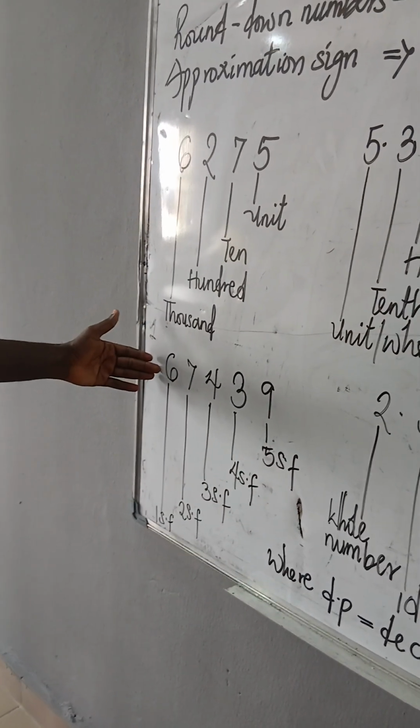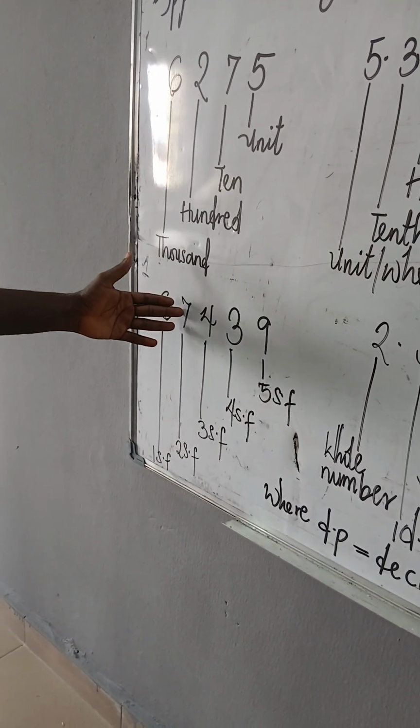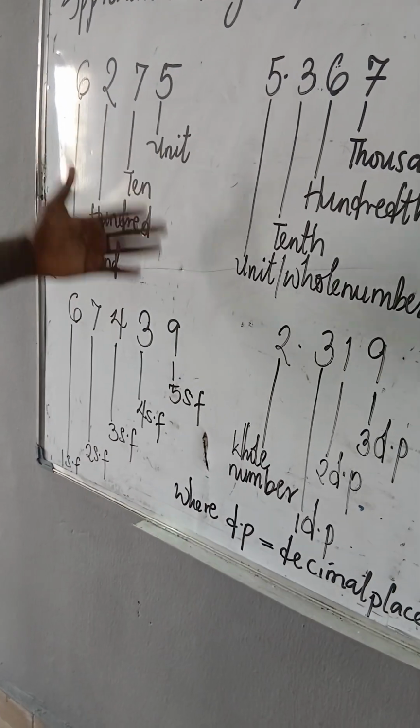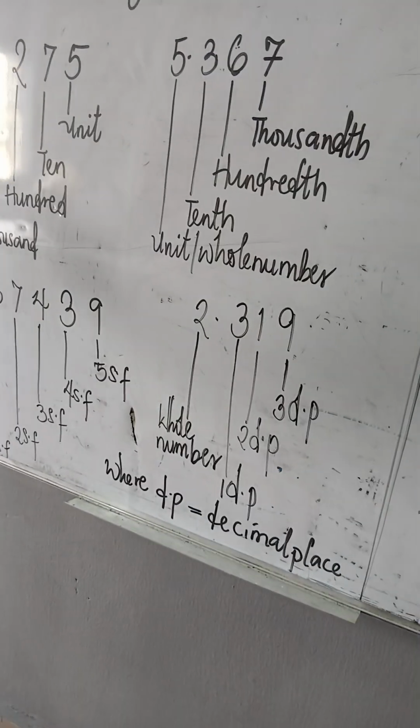You have 1 significant figure, 2 significant figures, 3 significant figures, 4 significant figures, 5 significant figures, and so on and so forth.